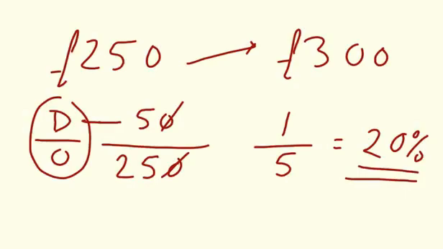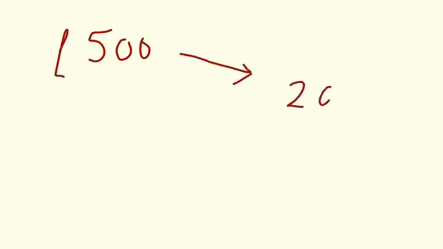Here, try this at home. We have a cheap car, £500. It went down to £200. What was the percentage loss? We know the difference is 300. So try it now at home.